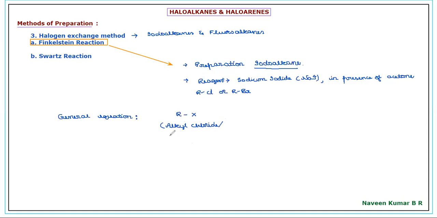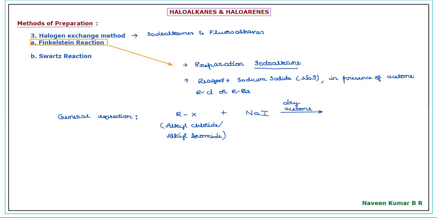It is only either alkyl chloride or alkyl bromide. Alkyl chloride or alkyl bromide is treated with sodium iodide, NaI. This is done in presence of dry acetone.